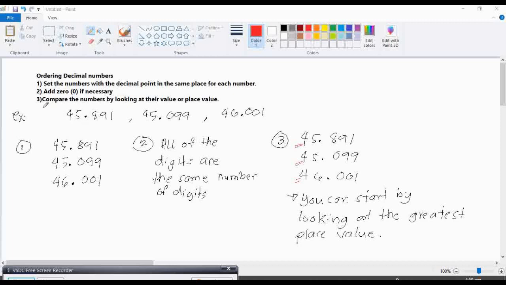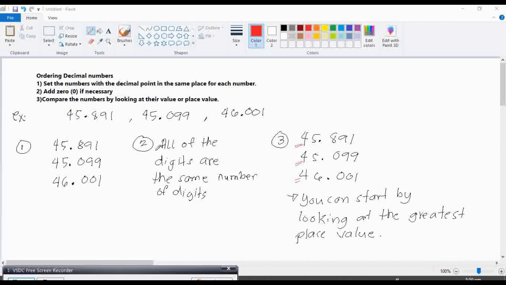And number 3, compare the numbers by looking at their place value. Example that I have here, 45 and 891 thousandths, 45 and 99 thousandths, and 46 and 1 thousandths. So you have to arrange the numbers.